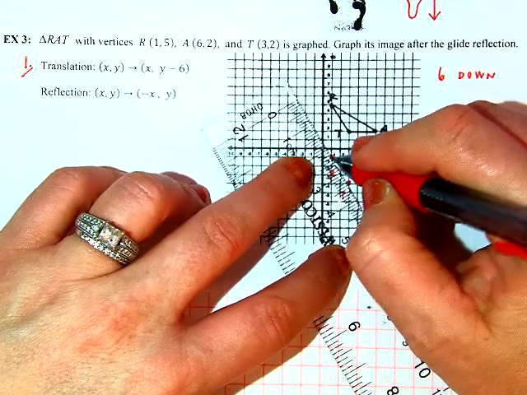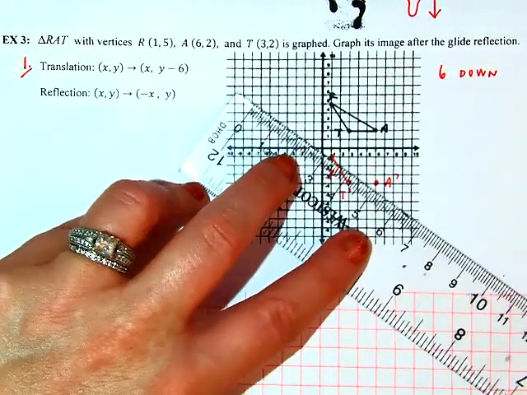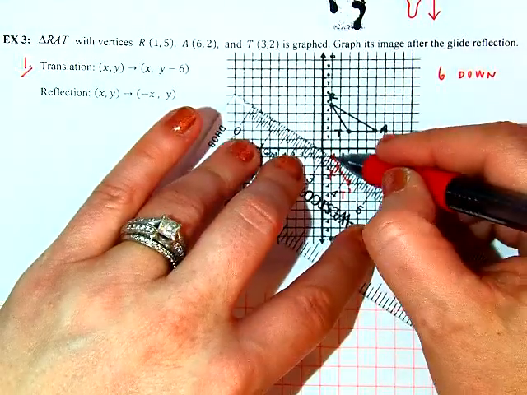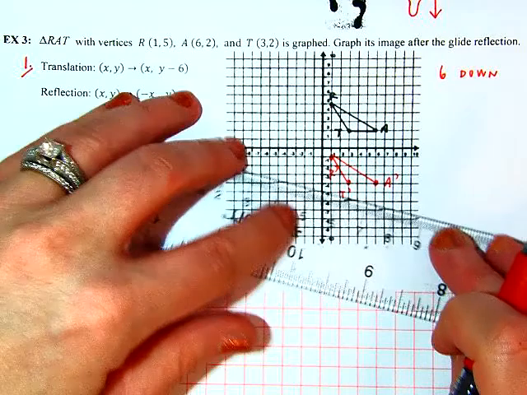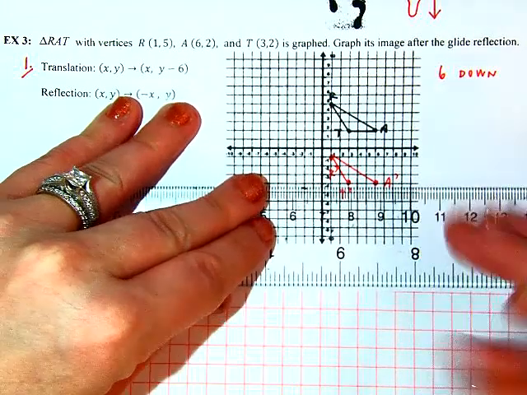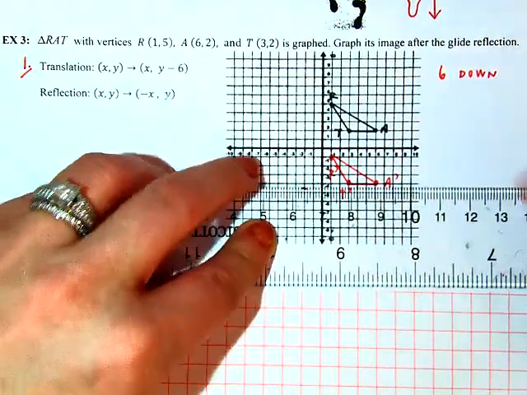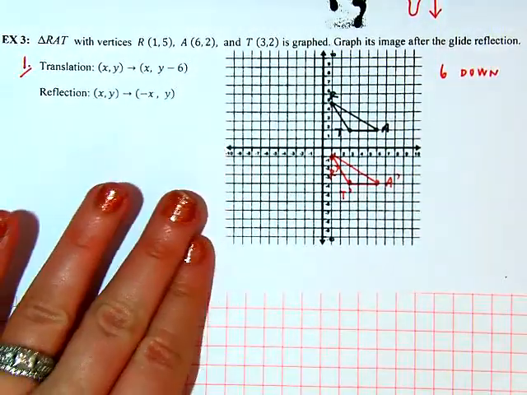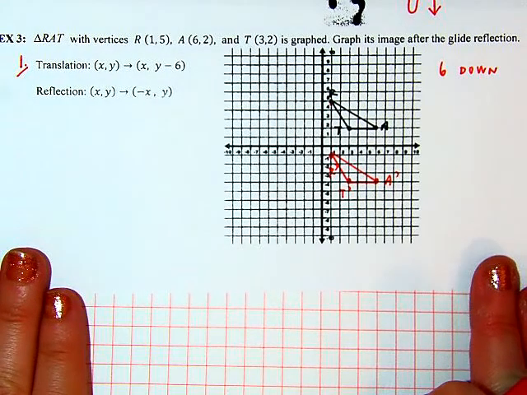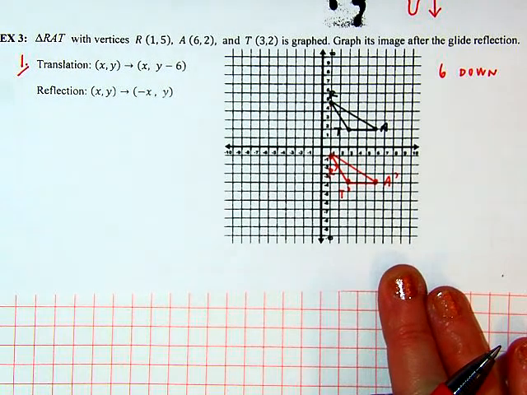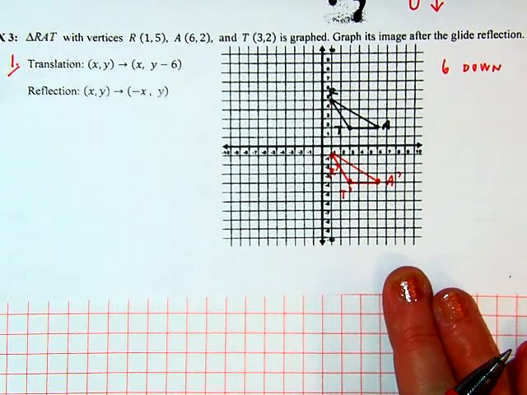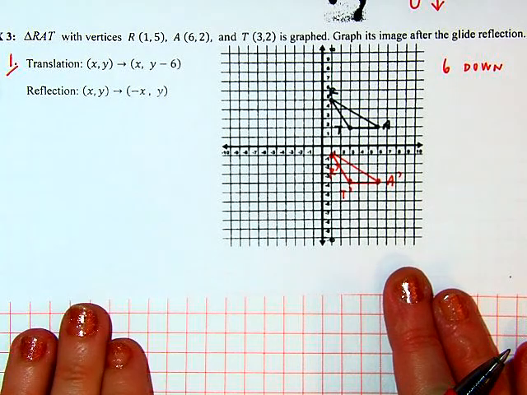So here, here, and here. All right, so I've done the translation first, and we can see that every point slid down 6 units.